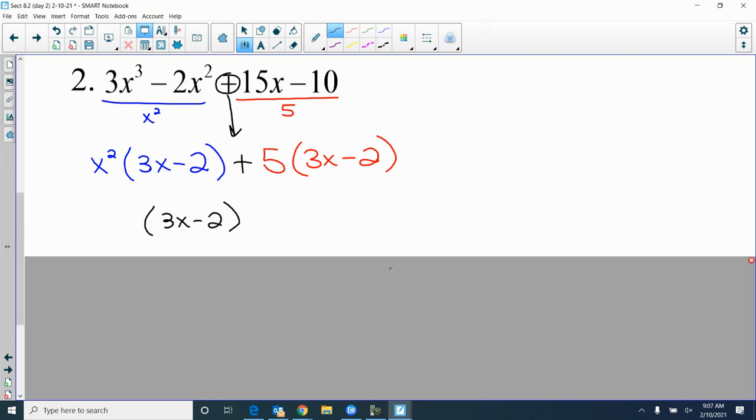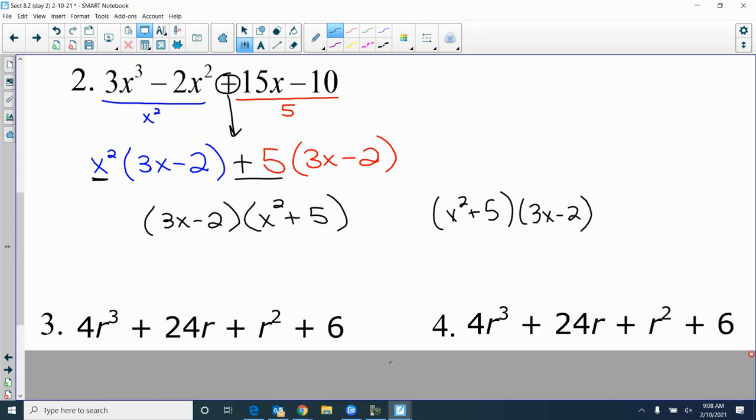The second part of your answer is whatever's in front of the 2 groups, which would be? X squared plus 5. There you go. That's your answer. Can you have it in the other order? Yes. X squared plus 5, 3x minus 2. Both of them have to be in parentheses.